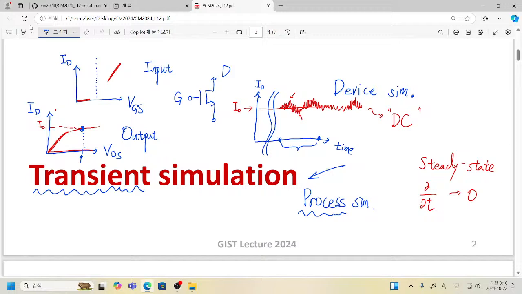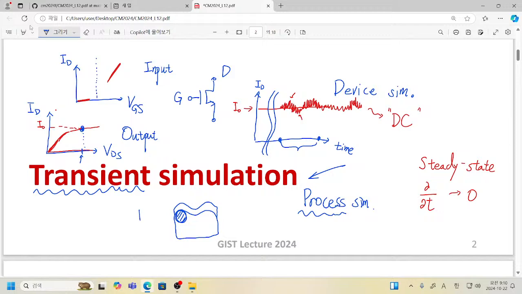I mean that the shape of your device, starting from this shape, if you add something, then you will have another added one. Or for example, initially your dopants were just concentrated on this point.